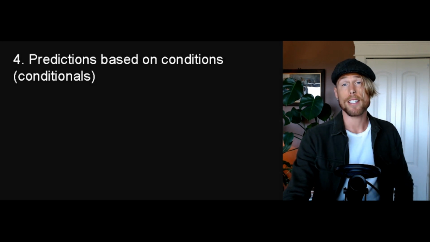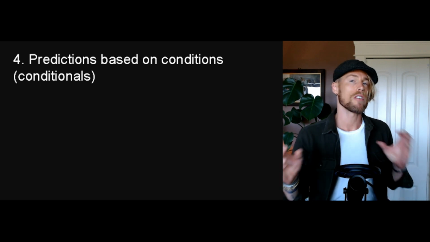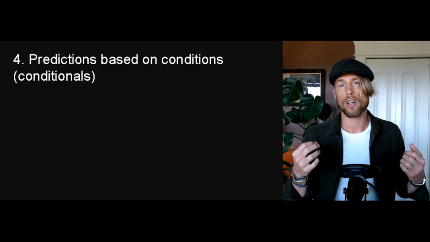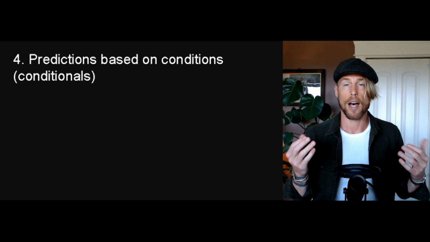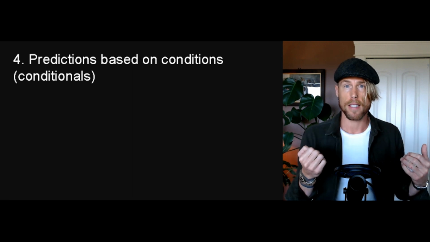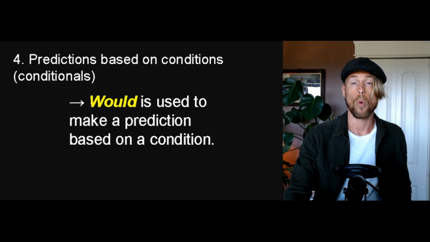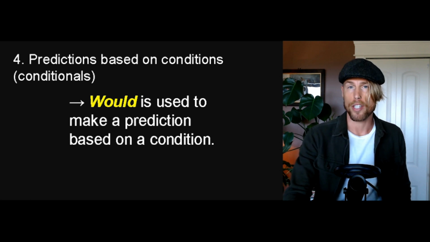Okay, next let's look at predictions based on conditions. And these are very similar to conditionals. However, we don't use the if part of the sentence. So would. Would is used to make a prediction based on a condition.